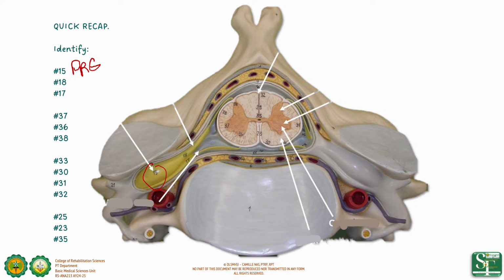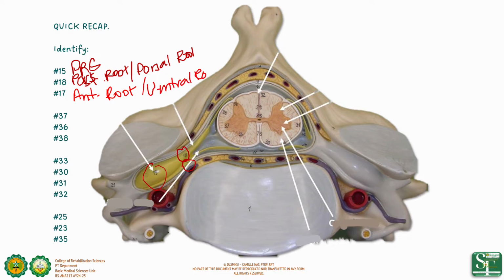Number 18. 18 is this one. So, 18 is the posterior root or the dorsal root. Okay, 17, the opposite of it, is the anterior root or the ventral root.